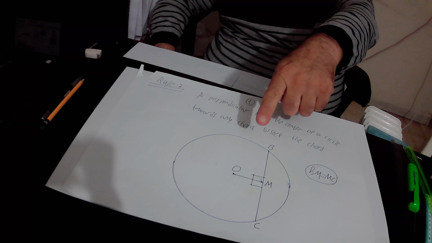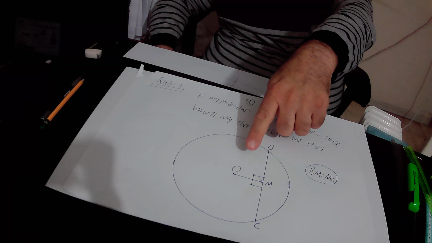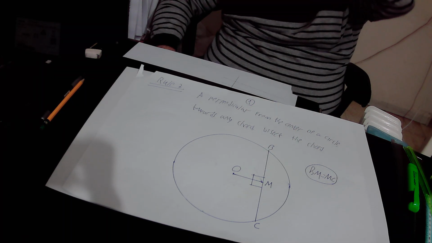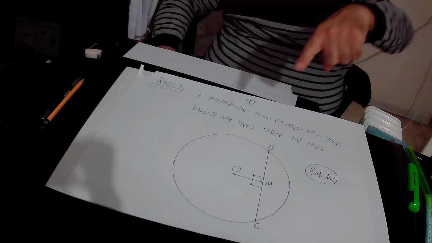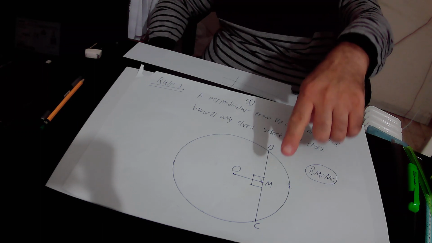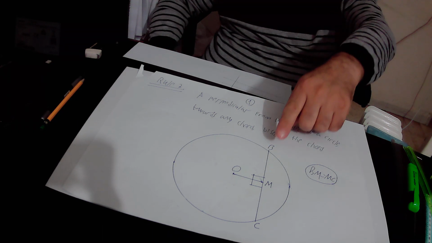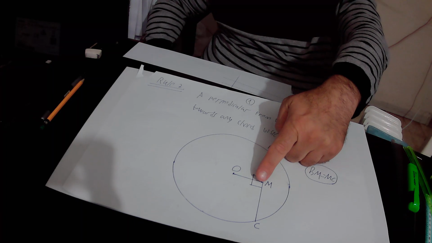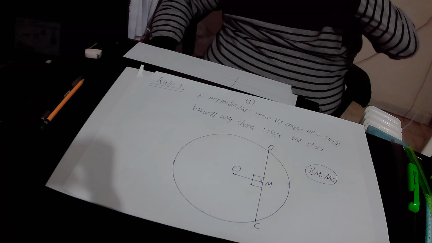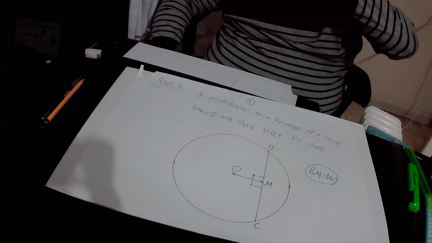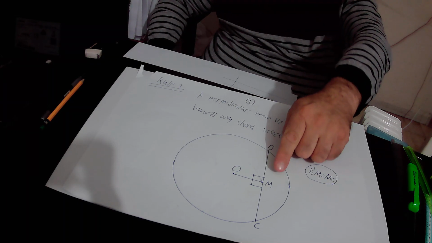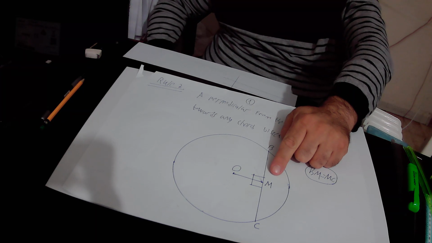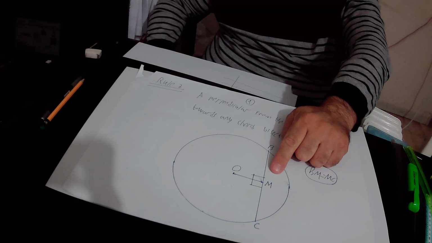The center of this circle is at point O, and we draw a perpendicular on chord BC. So this angle equals 90 degrees and this angle equals 90 degrees. According to our construction, we define the touching point of the perpendicular from point O and BC as M.